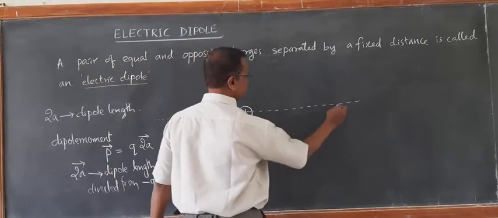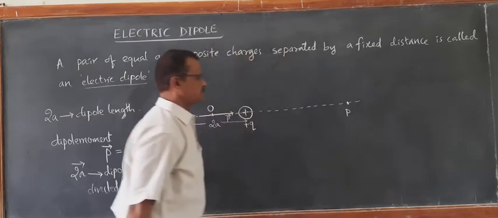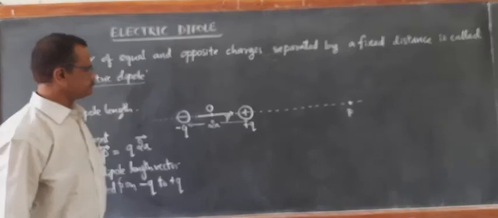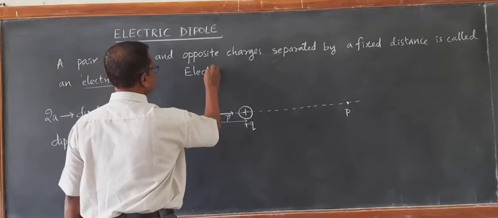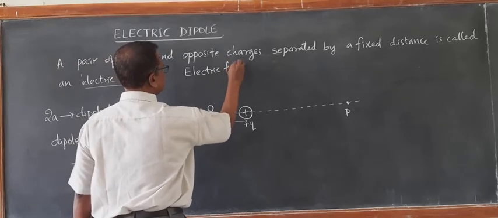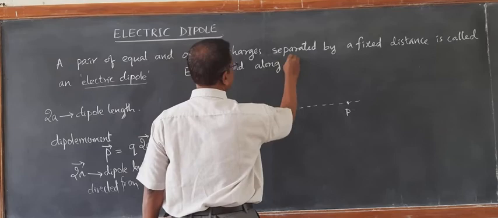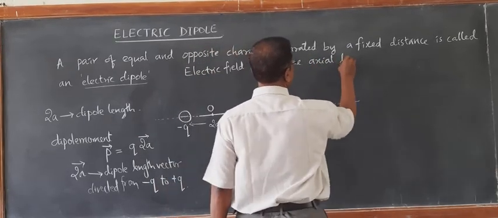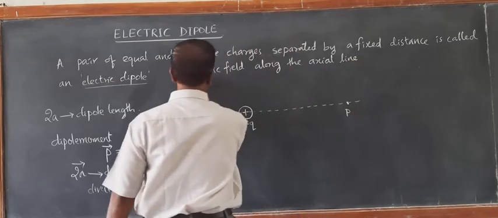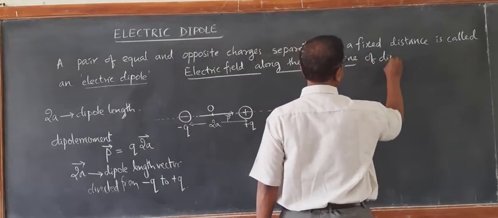Now let us say there is a point P where we would like to find the electric field. So I am writing here: calculation of electric field along the axial line of a dipole.